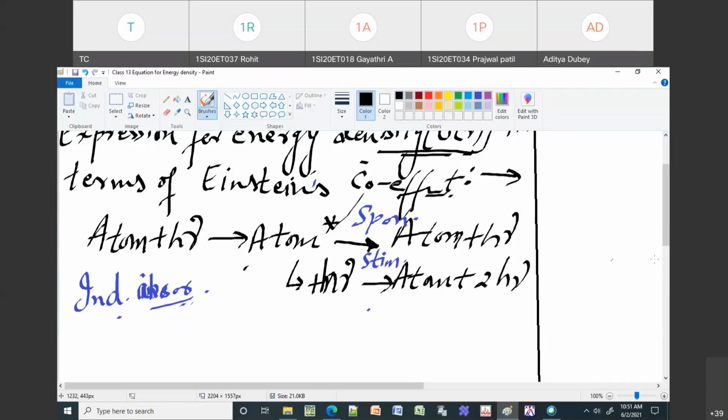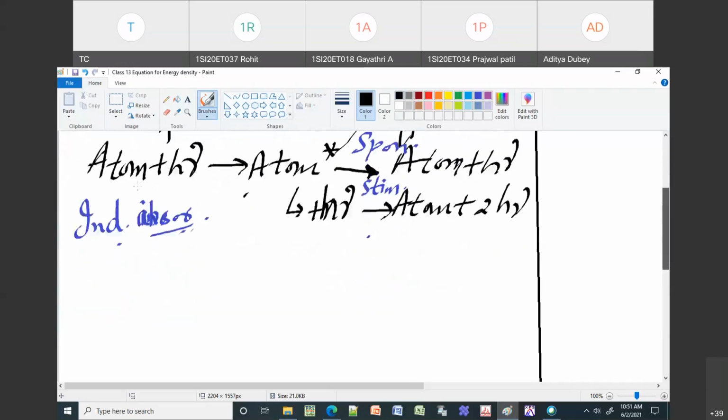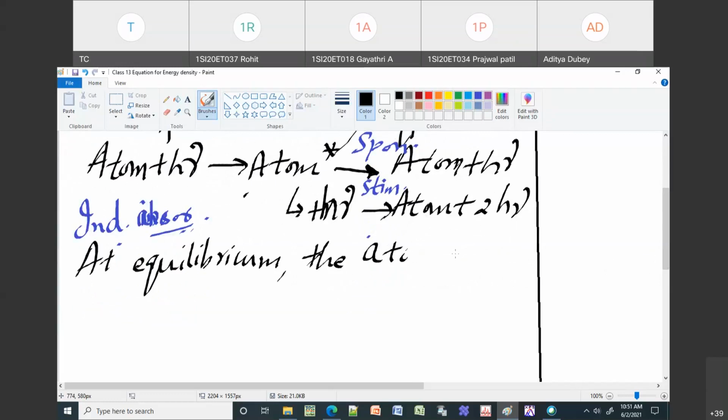So if you take any atom at equilibrium, the atom should be in ground state. That means it should be in a stable or ground state.